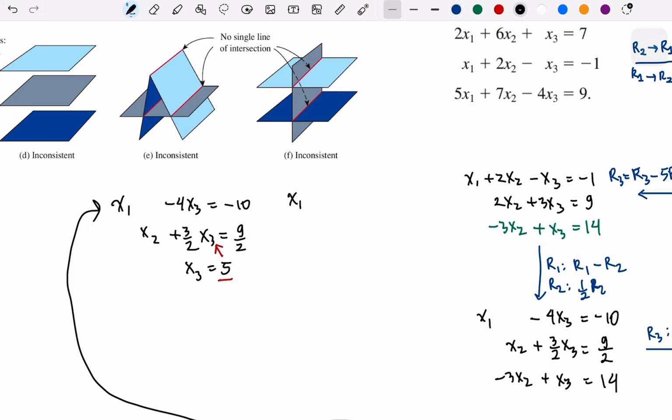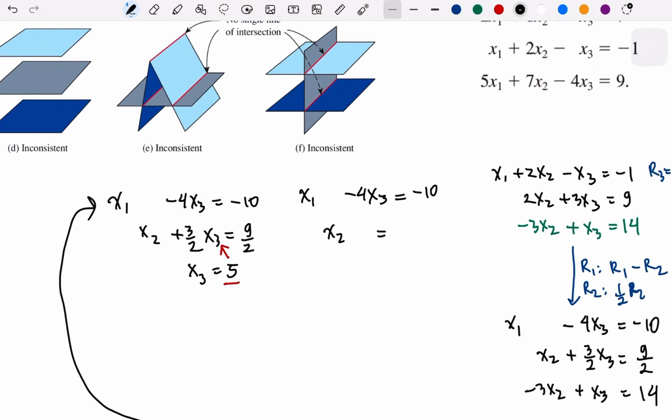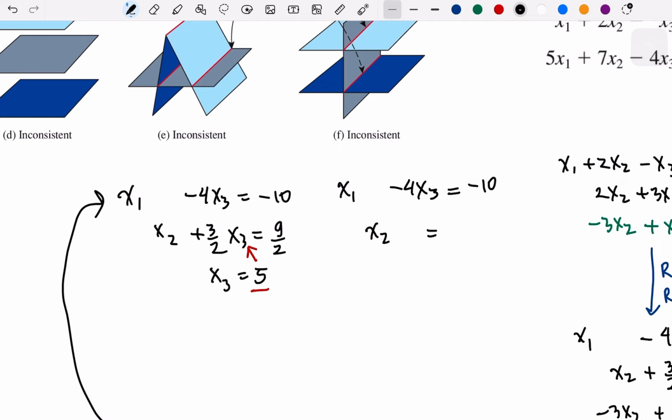This can be, let me just write one by one. And this will be x2 equal, it's supposed to be 9 over 2 minus 15 over 2, so 15 over 2, it's 6 over 2, so supposed to be negative 3. And lastly, oh, I think we can do the first one.